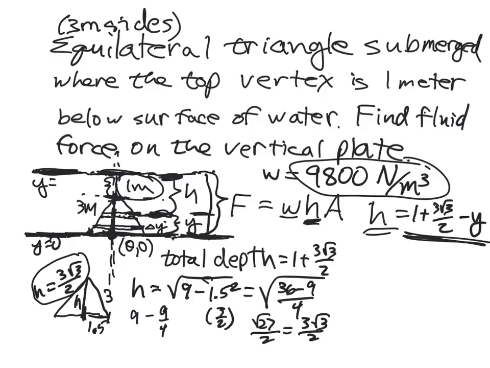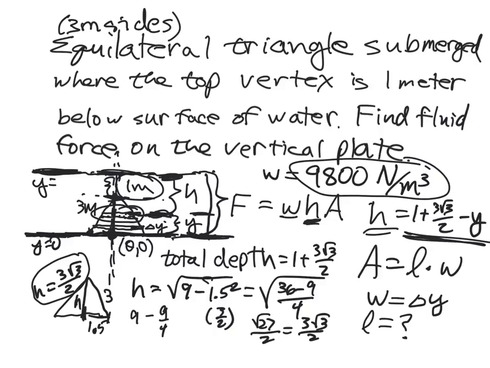The other hard thing is going to be our area. Area of that slice, well, it's going to be length times width, and we've already decided our width is going to be delta y. What is that length going to be? We are not going to have enough space on this little page.